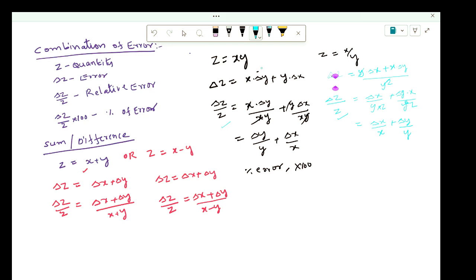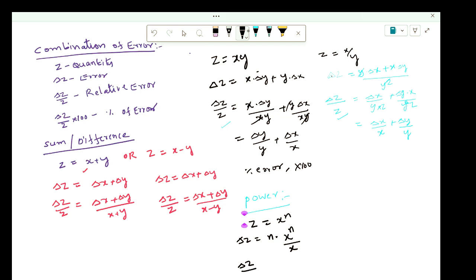Now the error in the power rule. If z is any quantity equal to x to the power of n, such as r square, r cube, a quantity formula in terms of power, then dz is equal to n into x to the power of n minus 1 into dx.